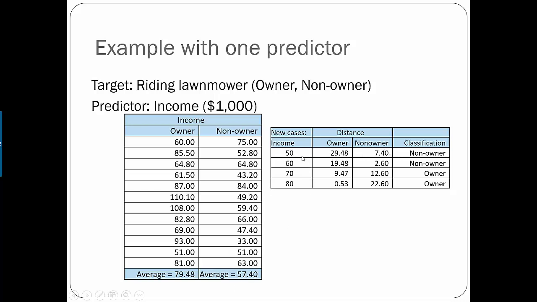And now this income is closer to the average income of non-owners, so you classify it as non-owner. For 60, the distances are these two, and again this is much closer to non-owner, so classify as non-owner. For 70, it's closer to owner, so classify as owner. And 80, the same thing.